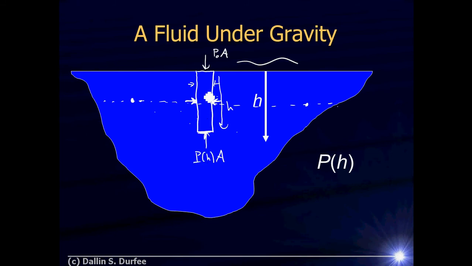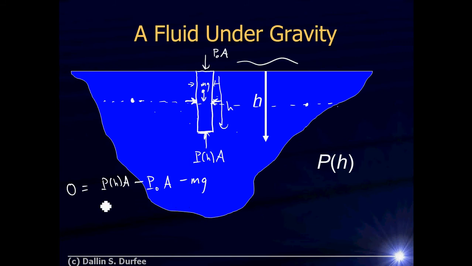There's one more force. Gravity is pushing my cylinder downward with a force mg. All right? So the sum of the forces has to equal zero. I've got the pressure at the bottom pushing upward, I've got the pressure at the top pushing downward, and I've got gravity, mg, pushing downward.